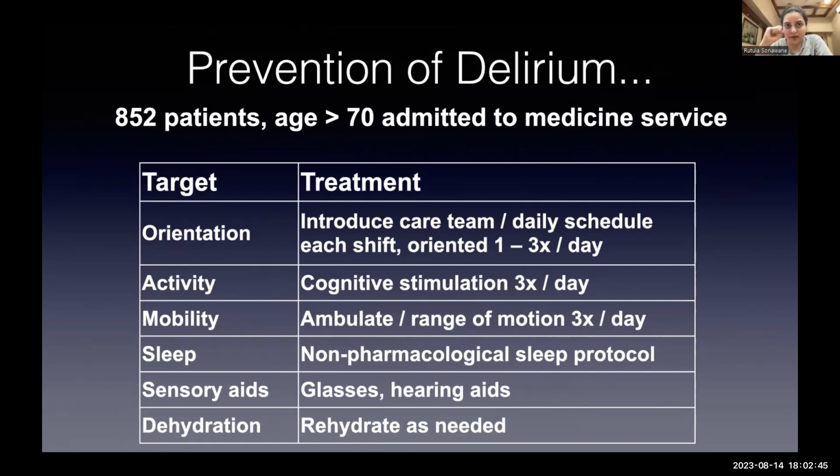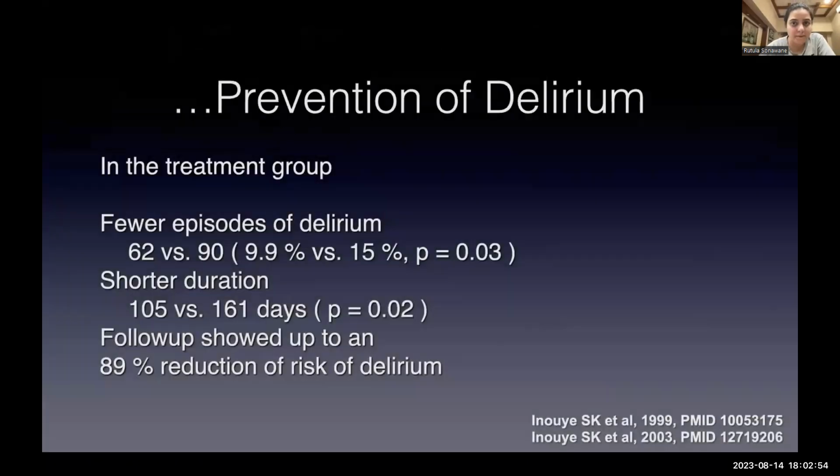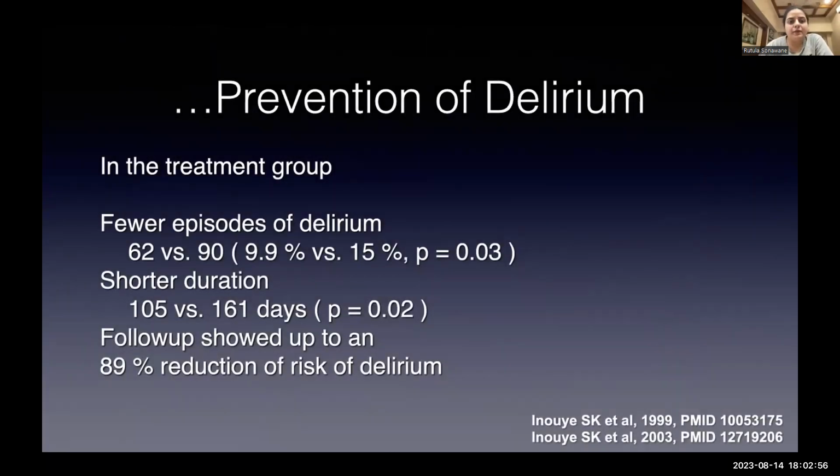And the prognosis worsens with each episode of delirium. So it's better to prevent delirium rather than treat it. As I said before, they had fewer episodes of delirium, and even if they had delirium, it was for a shorter duration. And there was also risk reduction in these patients.